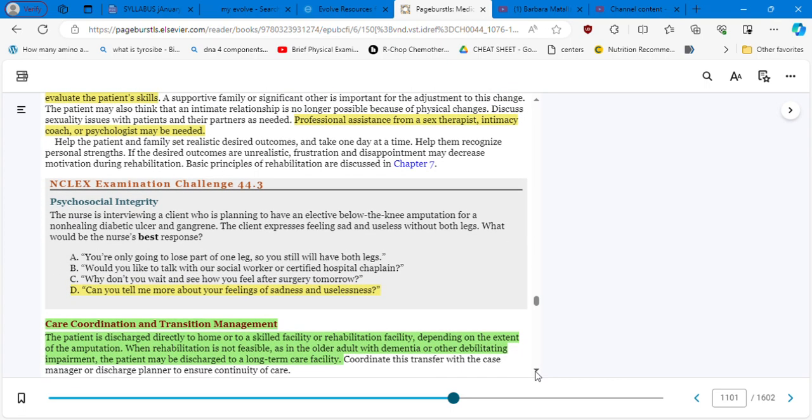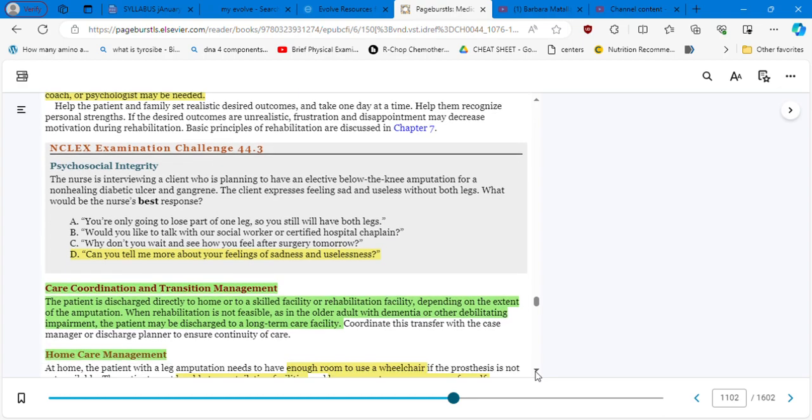So we have another NCLEX question. The nurse is interviewing a client who is planning to have an elective below the knee amputation for a non-healing diabetic ulcer and gangrene. My God. The client expresses feeling sad and useless without both legs. What would be the nurse's best response?